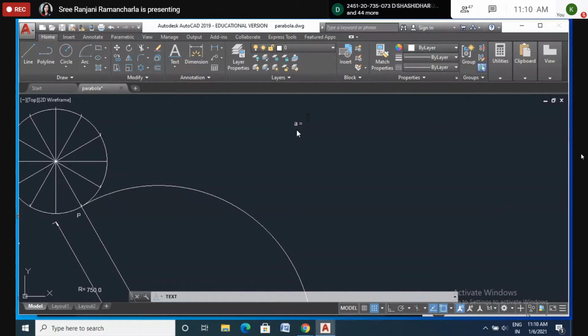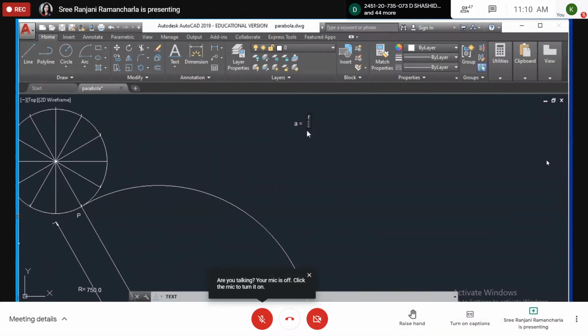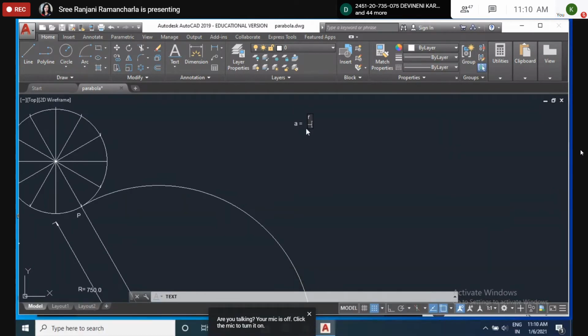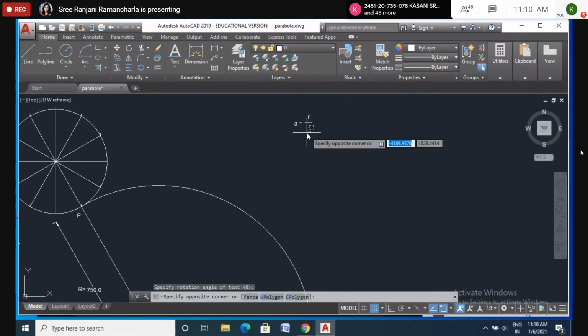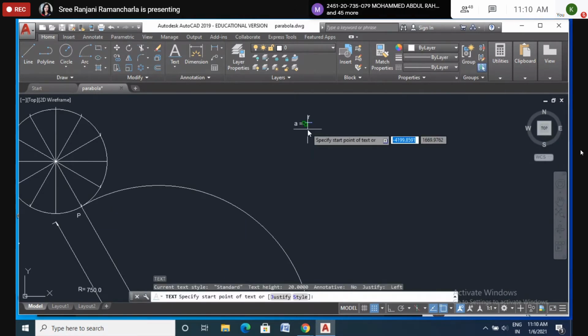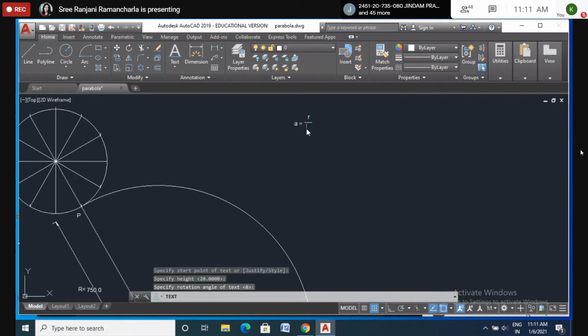Alpha equals small r by capital R into 360 degrees.